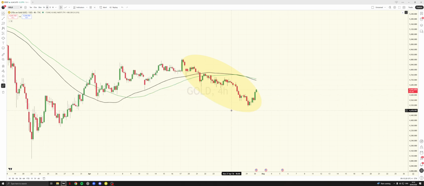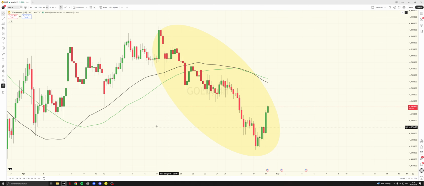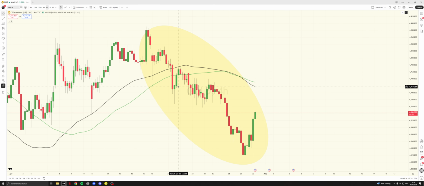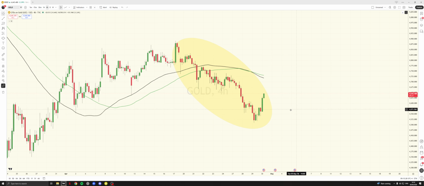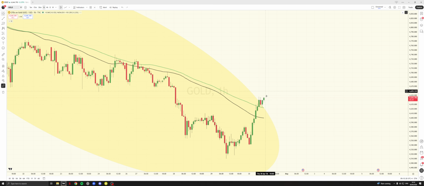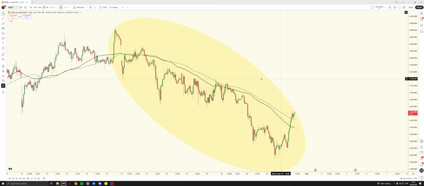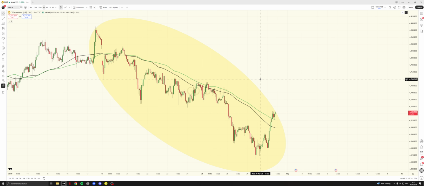We can't necessarily place fibs on the 4-hour because there's not enough detail. There's a lot of wicks, there's a lot of dojis. So I would use the 1 hour. Remember what I said, you can use the 4-hour, the 1 hour. Specifically for me, I enjoy looking at gold on the 4-hour or the 1 hour.